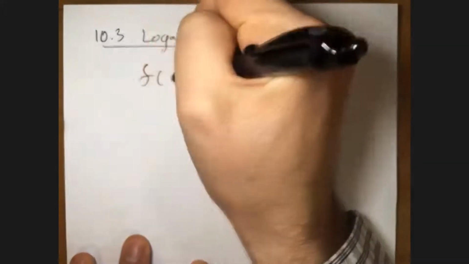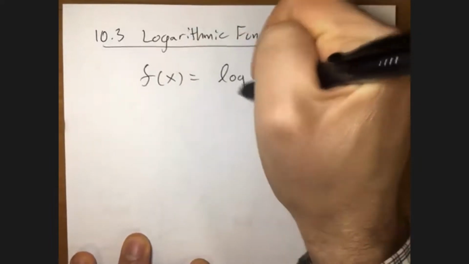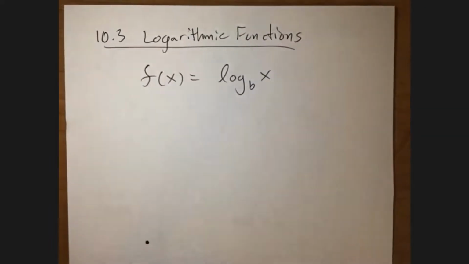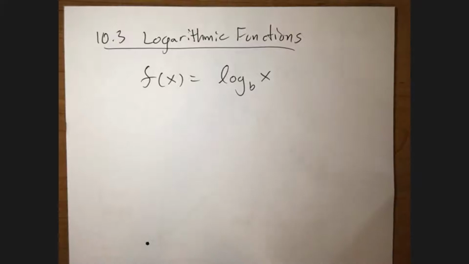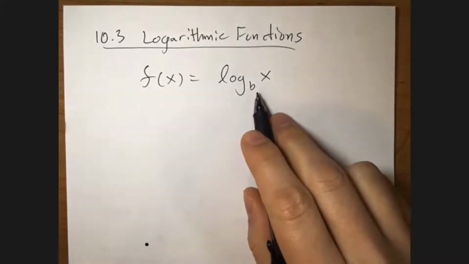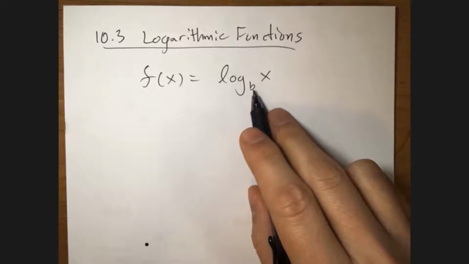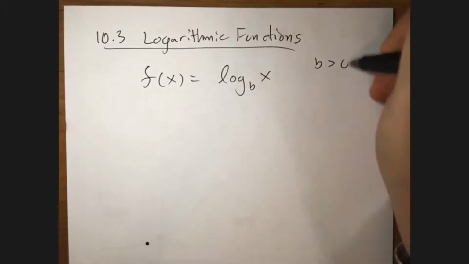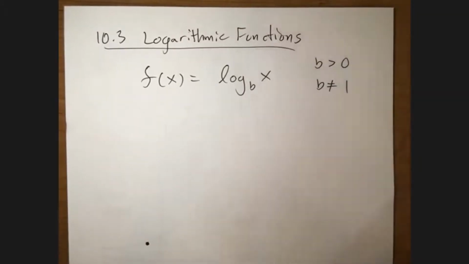So logarithmic functions we write like this. And they take a little bit of getting used to, so they take some practice. And we went through a bunch of practice problems in the last video. And again, since they come from exponential functions, the b satisfies the same properties. b is positive, and b is not equal to 1.